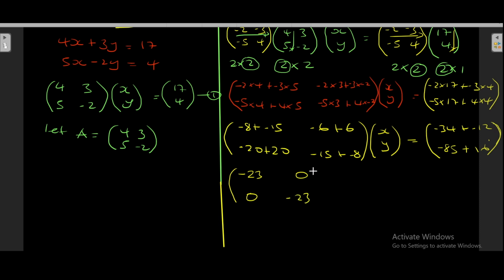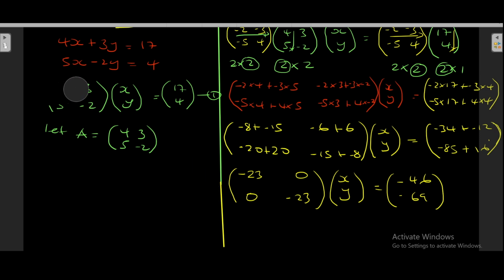Negative 23, cross the bracket, and this will be x and y is equal to, if I add here, negative 34 plus negative 12, it's going to give us negative 46. And then this will give us negative 69. Cross the bracket.